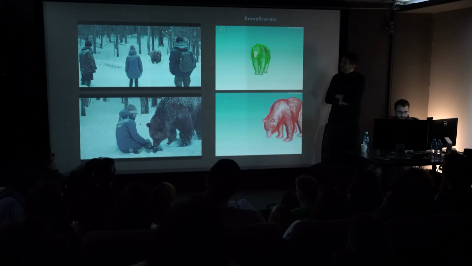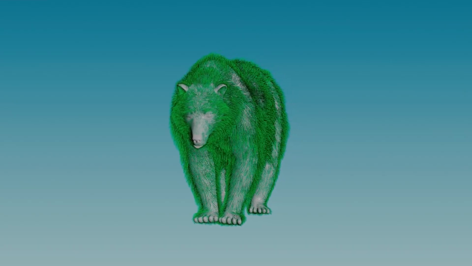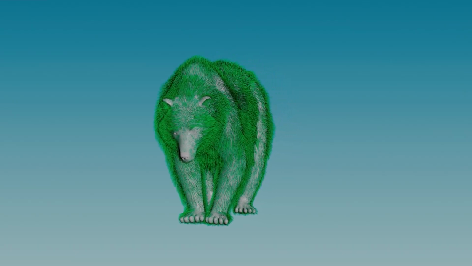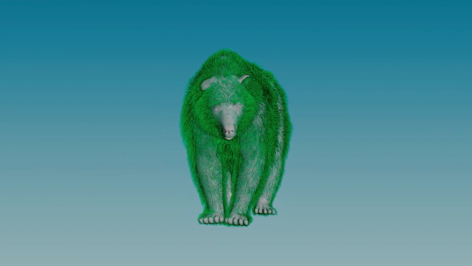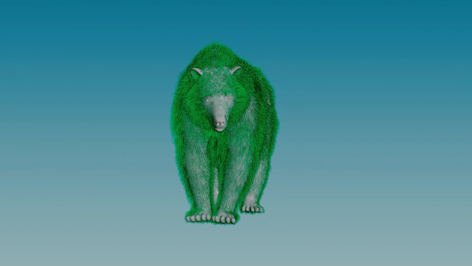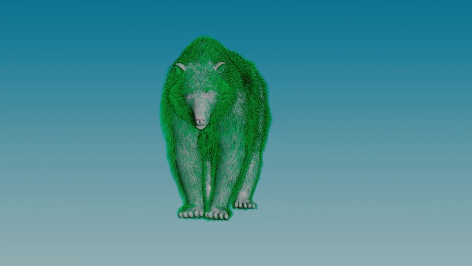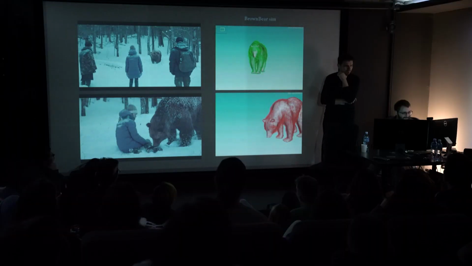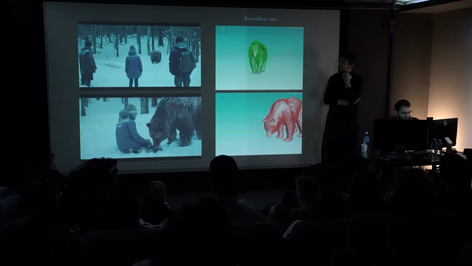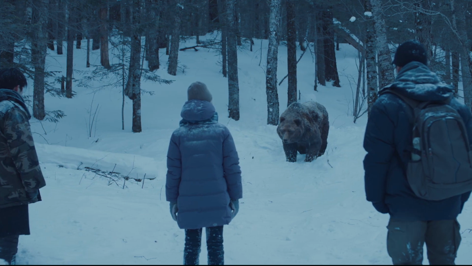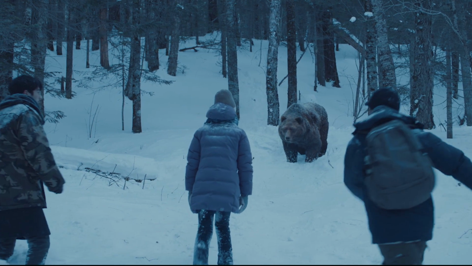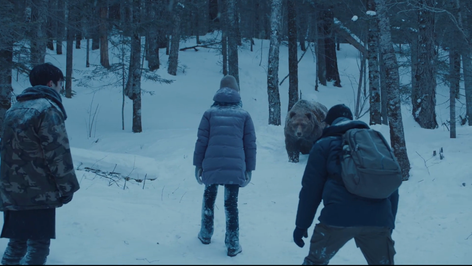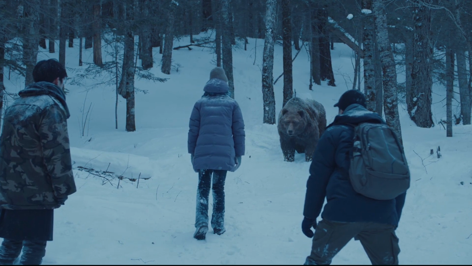Here you can see the guides that are used for the simulation. I was kind of sad because most of the shots included the bear standing around and not moving too much. But we decided to try and learn more for the upcoming projects on how to do simulations better.